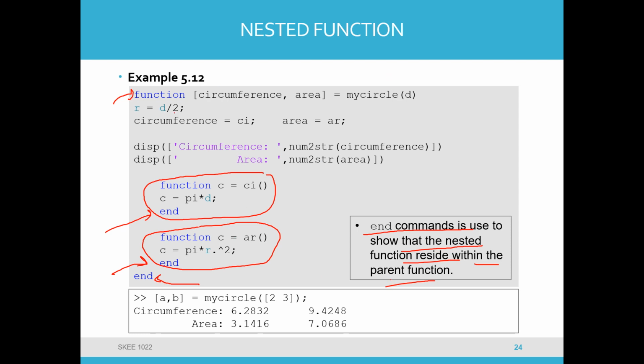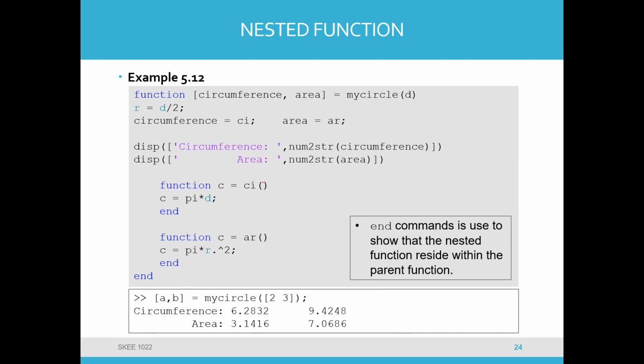You can see here, this is the main function, r, circumference, area. You can display it, and then you can call the function. So c, where is the call to the c function. Because there is no input, it will just, let me clear this first.